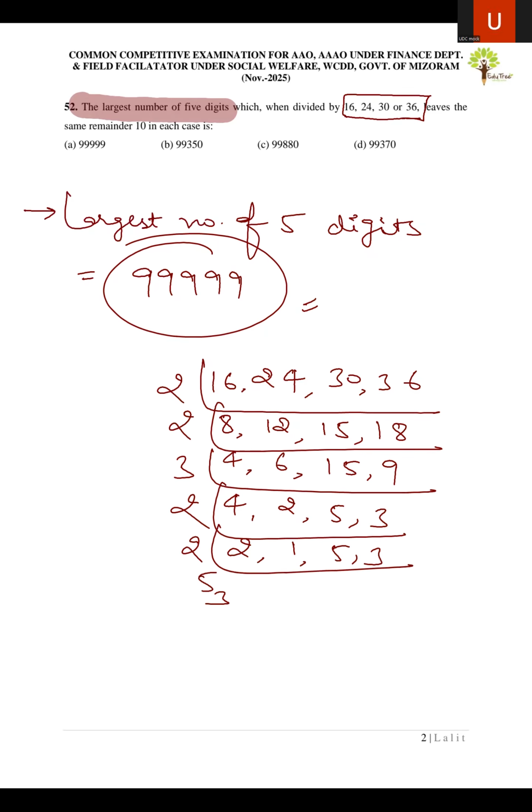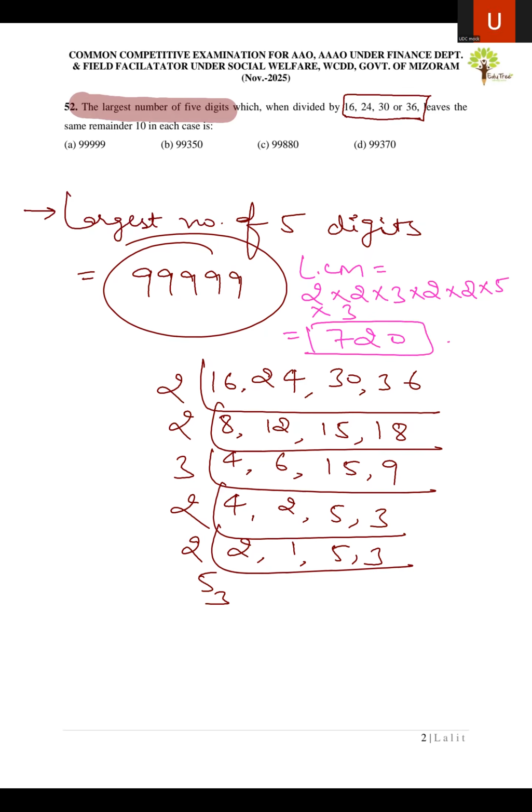So I can say the LCM will be equal to how much? Just multiply them. 2 multiplied by 2 multiplied by 3 multiplied by 2 and so on, this is 720. This 720 is the LCM.